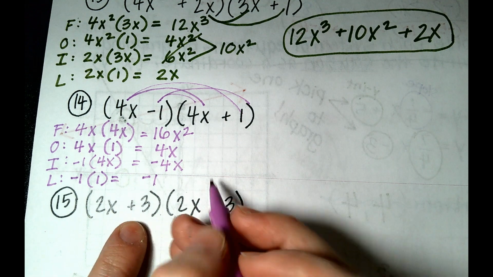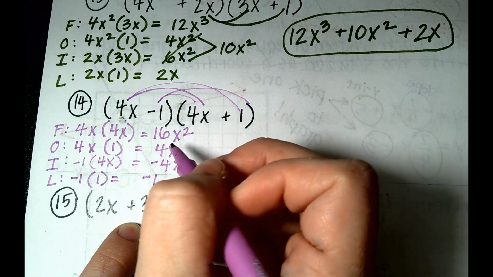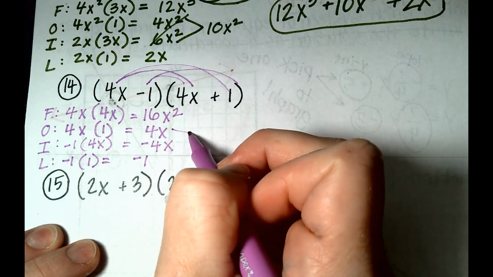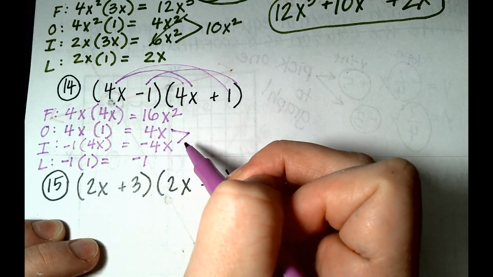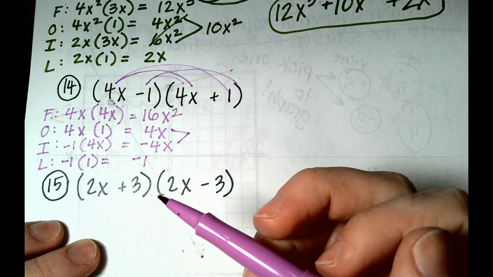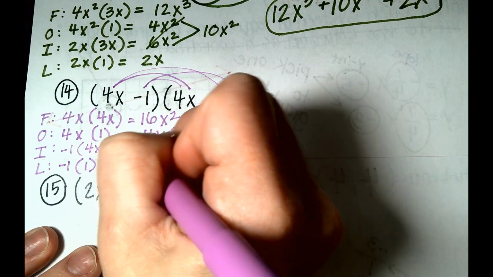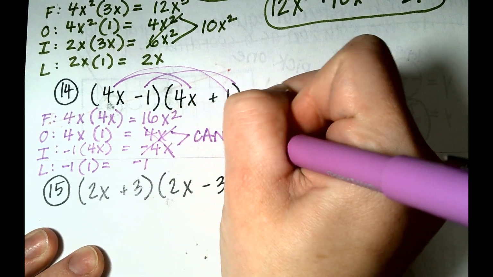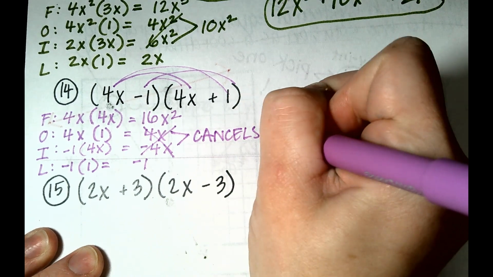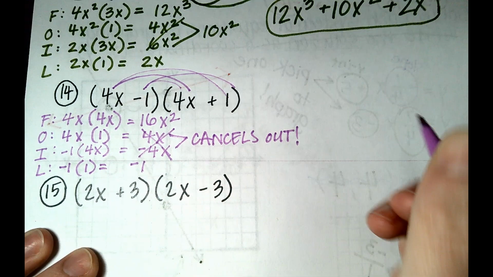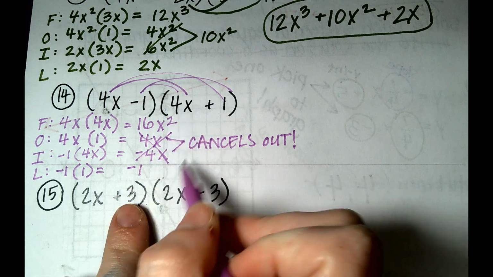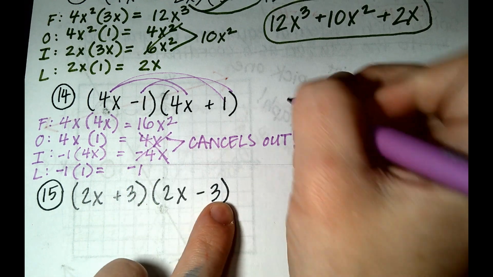So what's happening here is we have our like terms, 4x minus 4x. That gives us 0. We don't need to write it. These will cancel. So our answer is just 16x squared minus 1.